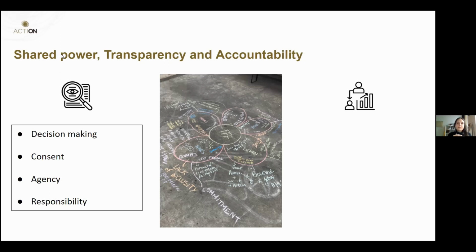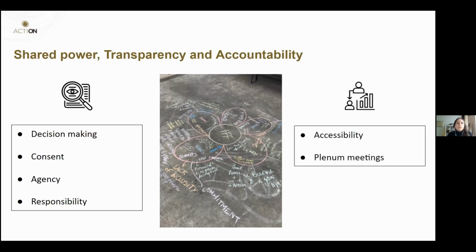And because we are also based on trust, we gave trust to the circle, and this way circles are empowered to act. They have their own agency, and they will also have more intrinsic motivation because they are taking full responsibility. But at the same time, it's also important to be transparent about what happens within the circle.